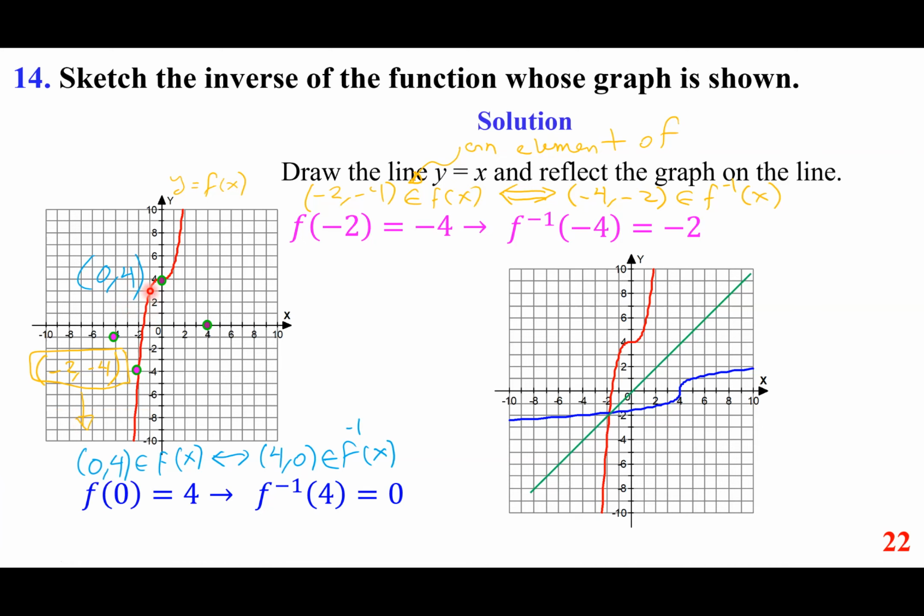Assuming I read it as 1, 3, which belongs to f, then 3, 1 must belong to its inverse.